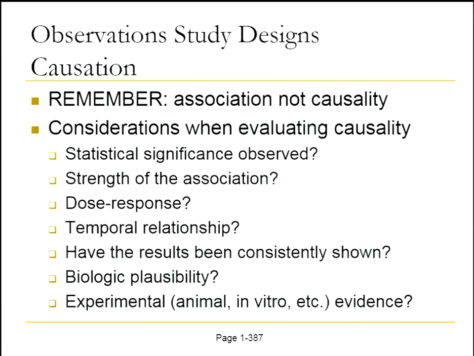Well, I'm not sure if bullet point 1 is very helpful, because if we observe a positive association and it's not statistically significant, well, we're probably not going to go any further. But what about the strength of the association? The higher that odds ratio or relative risk, the more plausibility for causation, in my opinion anyways, exists in that case. The third bullet point, dose response.